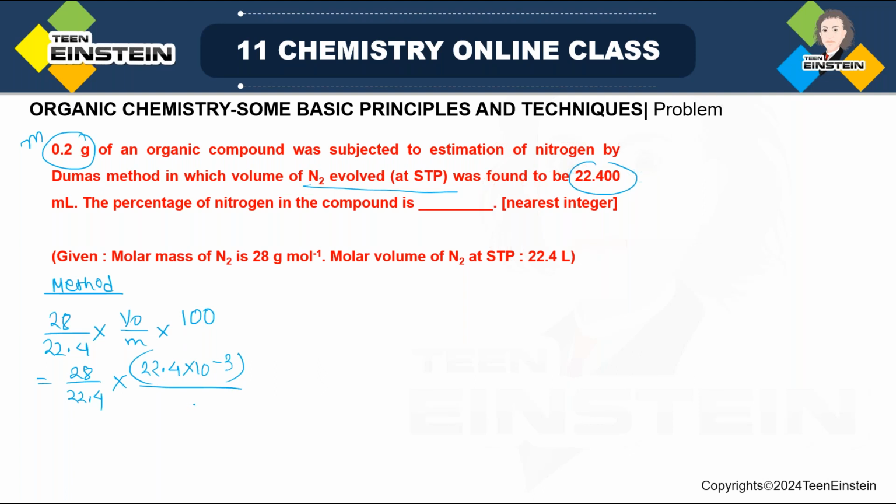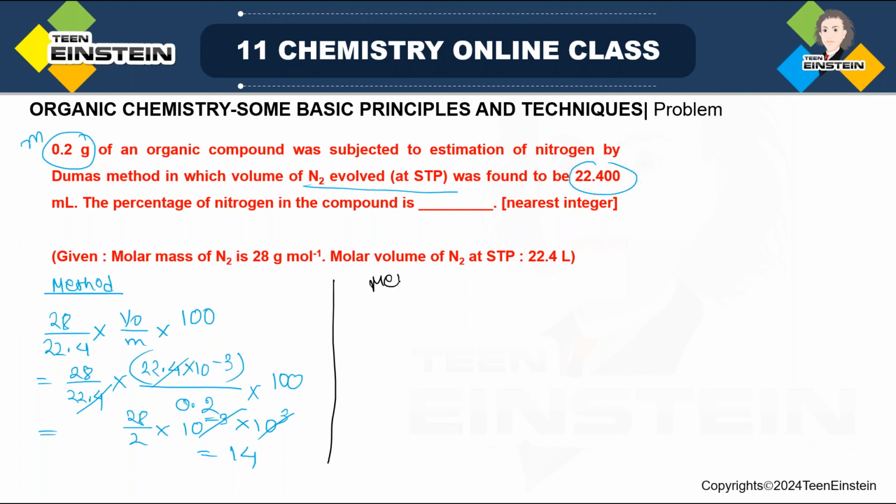Then divided by 0.2, which is the mass of organic compound. Now you can write it like this, which is 2 by 10, that means 10 to the minus 3, 10 to the 3. So ultimately you will get 14.